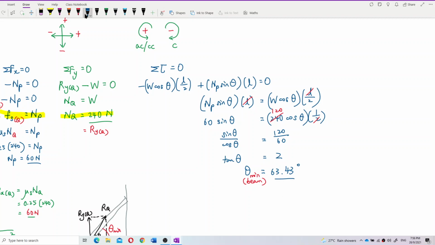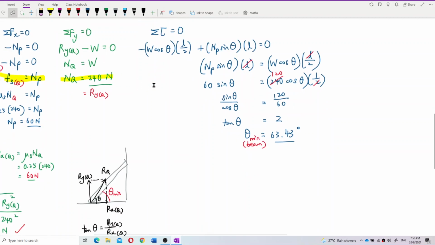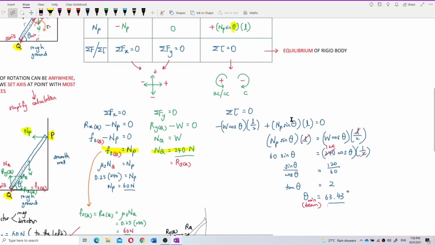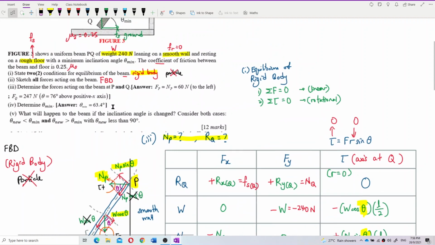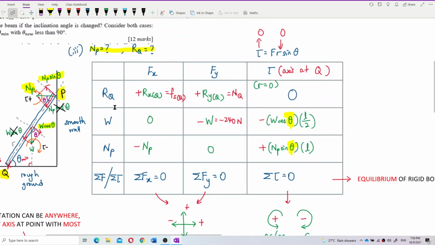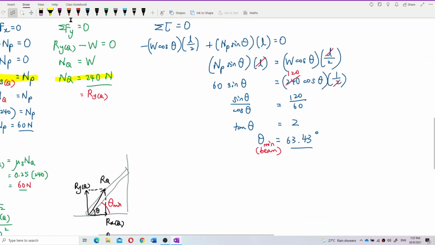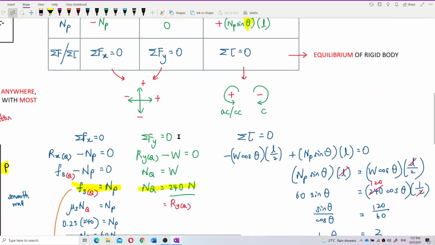Is the answer correct? Let's check the answer. 63.43. Yeah, 63.4. Jackpot. That's correct. That's the angle for the beam.